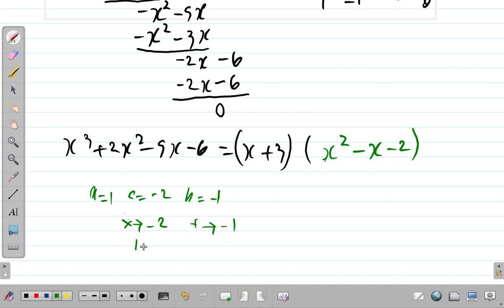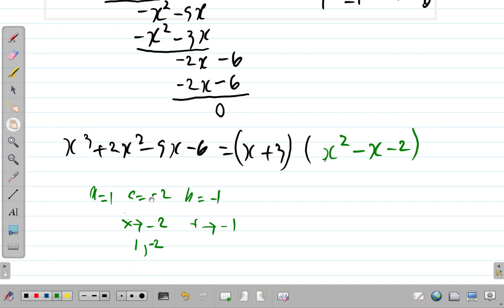If you try -1 and 2, they multiply to give -2, but they add to give +1. So you're going to have to switch the signs, make 2 the negative. 1 by -2, they multiply to give -2. 1 plus -2, they add to give -1. So the numbers are 1 and -2.